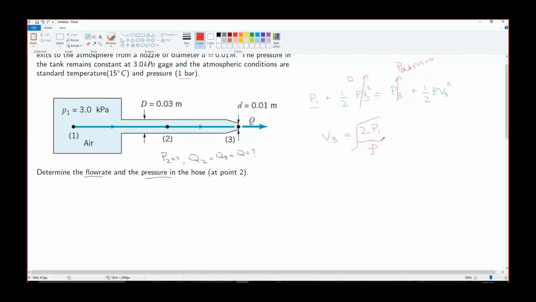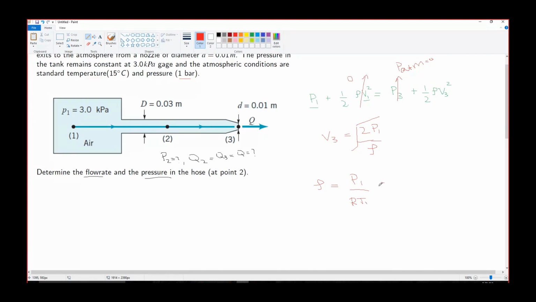Sir, PV is given and volume is also given. PV equals mRT, so rho equals P by RT. So we can write P1, which is the known pressure, divided by R T1.